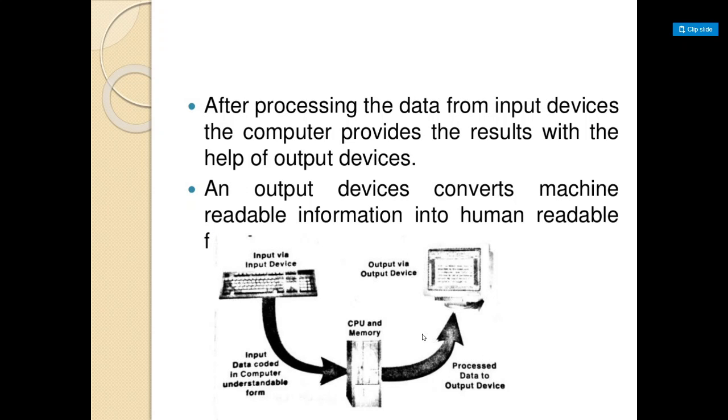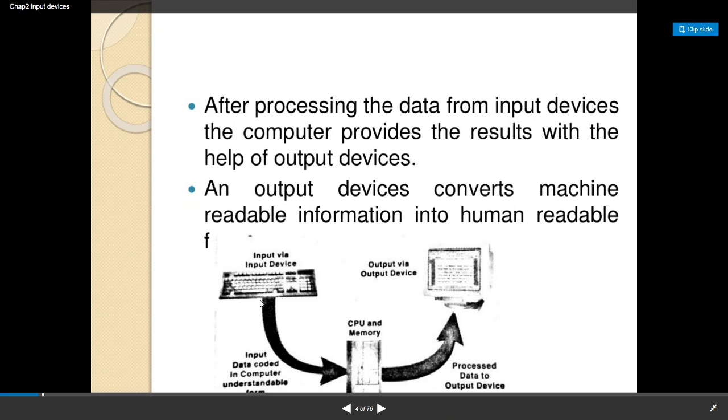After processing the data from the input devices, the computer provides a result with the help of output devices. We all are aware of it. An output device converts machine readable information into human readable form. So we'll see how this happens. If you see this picture, this is the input device. Whatever information is given through the input device, that is the keyboard, the data is coded into computer understandable form.